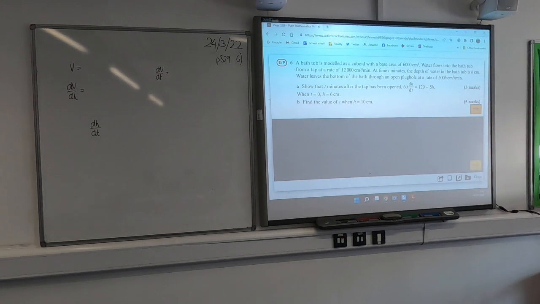And then combining those two things to make dH by dt, and then hopefully turning that into the formula that we've got on the board.